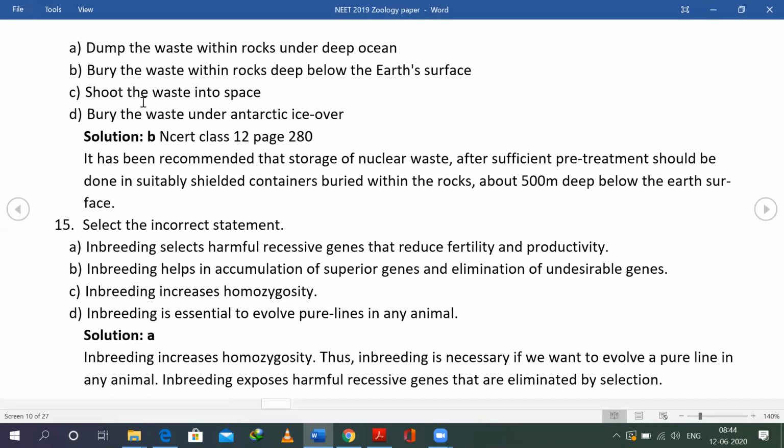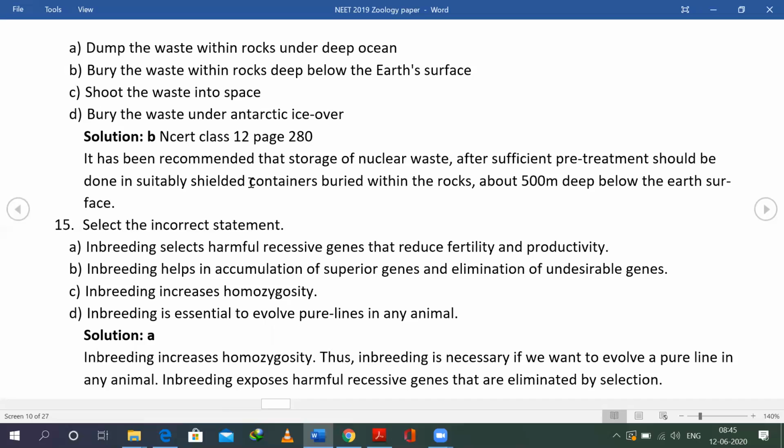And shoot the waste into space. No, it should not be the right choice. Bury the waste under Antarctic ice cover, right? The ice cover itself is so deep, there is no choice to dig that much ice as well. No, this is a direct question which has been given in NCERT. So you need to bury it within rocks deep below Earth's surface.